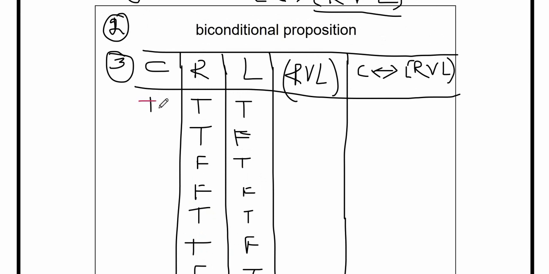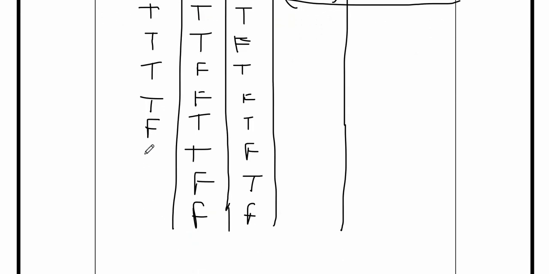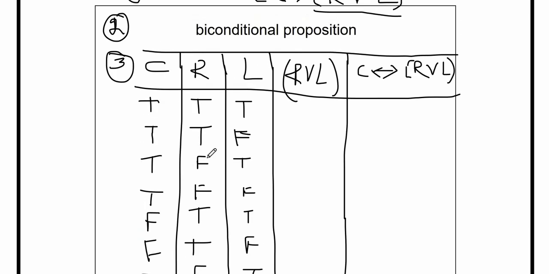And here we'll write T, T, T, T and F, F, F, and F. Now we have created our three columns with all permutation combinations of T and F, that is true and false.